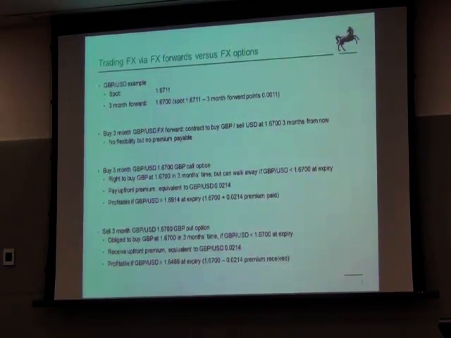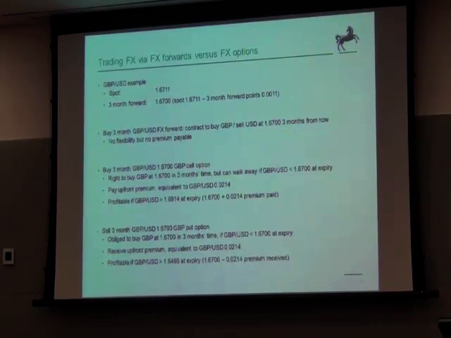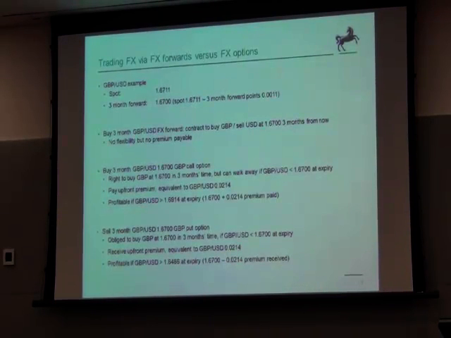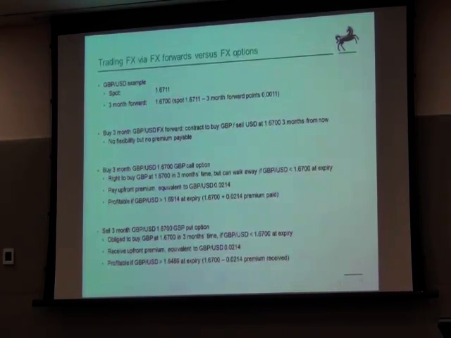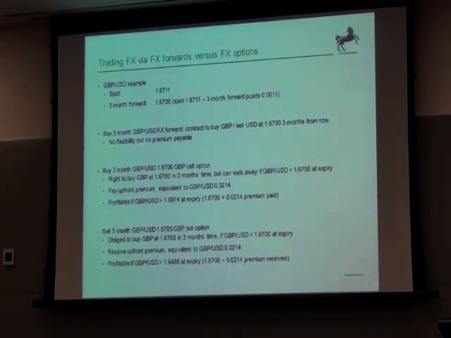So if you were to buy cable on a 3-month forward basis, even if the spot market is 167.11, you would be buying sterling at a rate of 167 the figure. With that trade, being a forward contract, there is no flexibility. You have to deliver the dollars in 3 months from now, and you will receive sterling at that rate of 167.